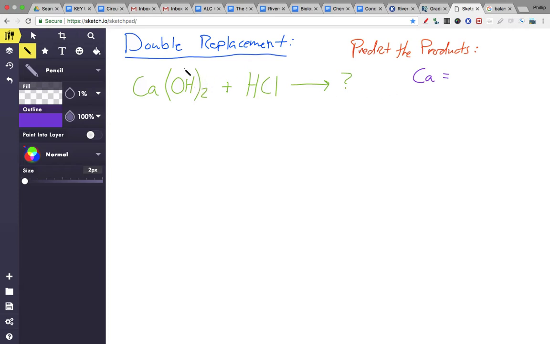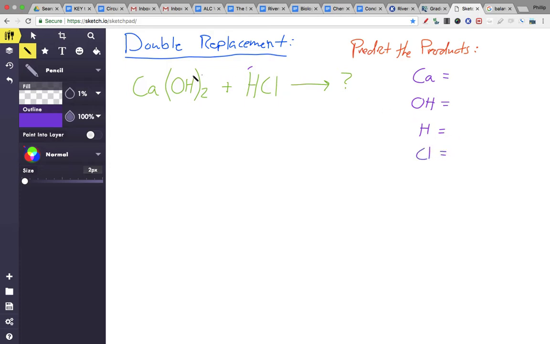That stays together as a whole during this reaction, so we'll think of it as a single item. And then in our other compound, we have hydrogen and chlorine.